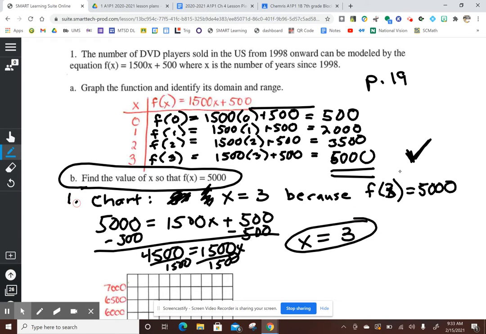So one way is to use the chart. The second way is to use the equation. And the third way would be to use the graph. But we haven't graphed it yet. So let's go down and graph it.